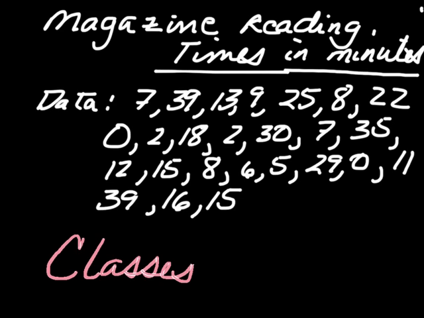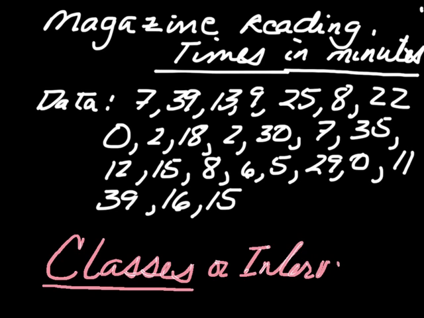What we want to create are something in statistics called classes, or if you wish, intervals. These are the first parts of making a frequency table. An interval or a class is just a group of numbers that fall within a certain range. I'm going to show you how to do that in just a sec.